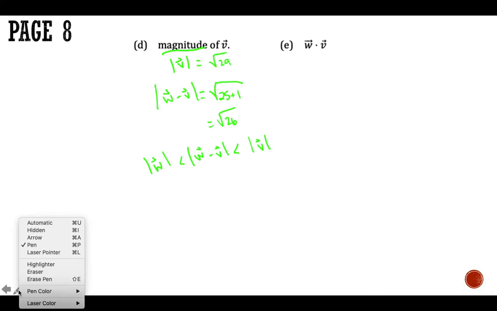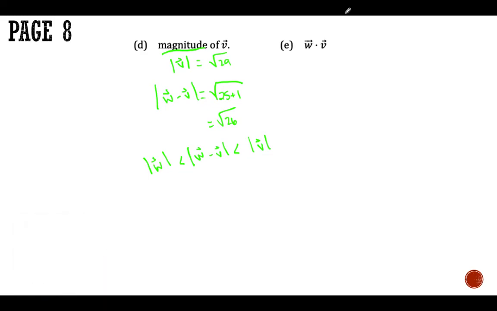But how about this, the dot product? That looks like a multiplication sign, but in vector land, that is called a dot product. There is a formula that you can just straight up memorize for the dot product, but it is not regular multiplication like it is with numbers, right?